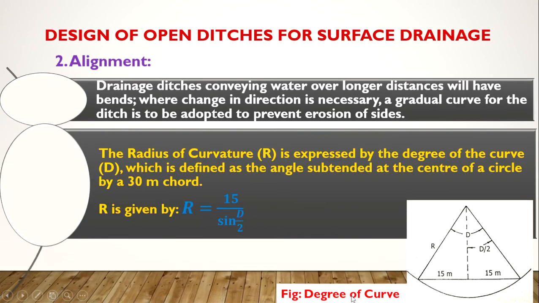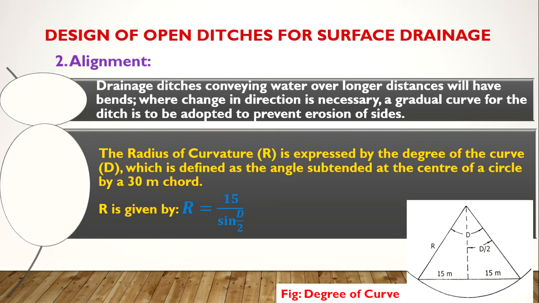Now the second thing that we have to note is alignment. When the drainage open ditch is constructed for a short length, alignment is not our concern. When these ditches are constructed for a long length, for example if in some cases the outlet is at a farther distance, then we have to construct the ditches over a longer distance.